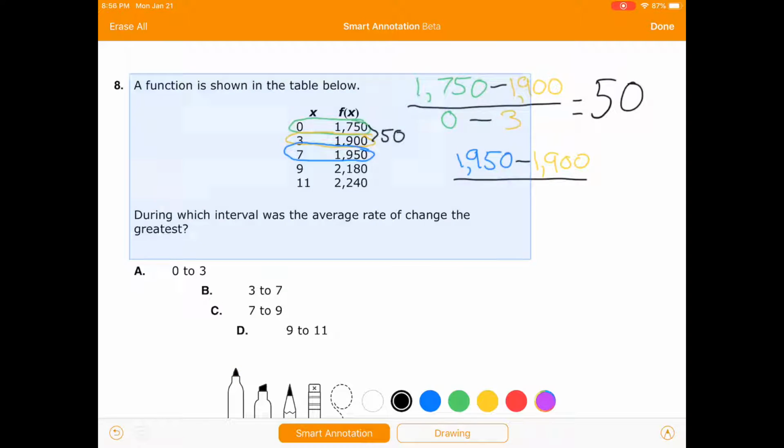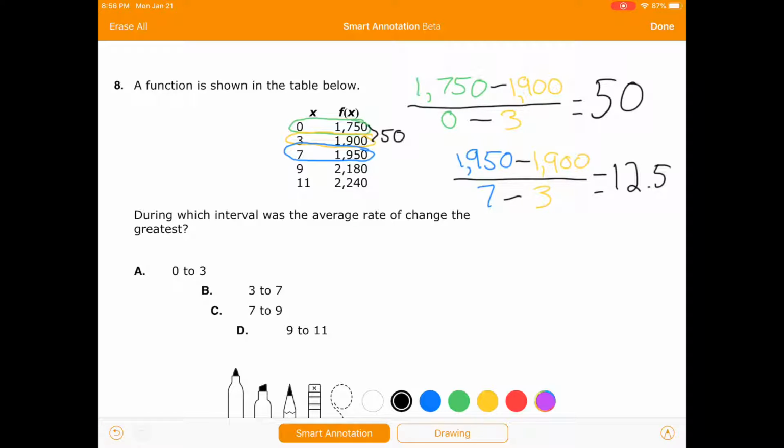Divided by our x values. Remember, the blue's got to match up. And here, the rate of change in between 3 and 7 should be 12.5.